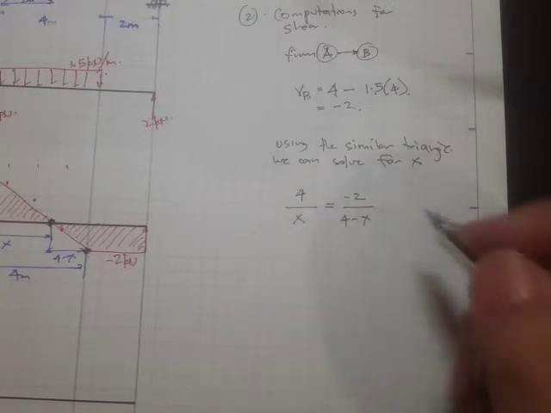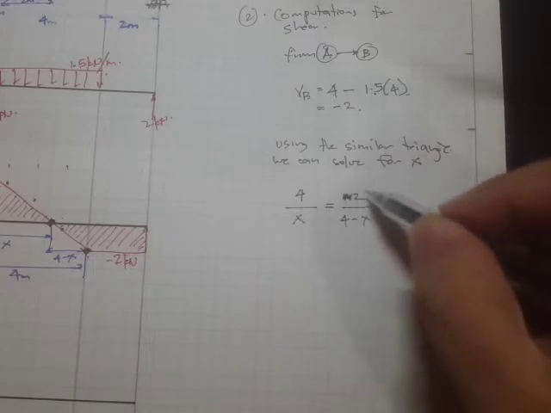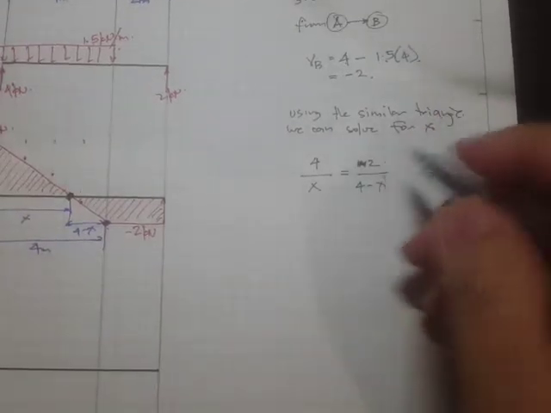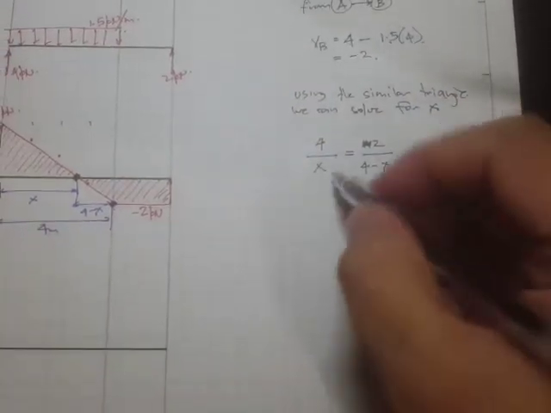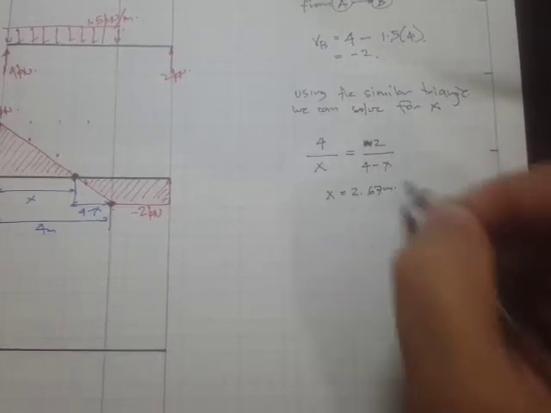And by the way, we shouldn't consider the sign, so let's just consider the magnitude. And if you shift solve this, what you get is x equal to 2.67 meters.